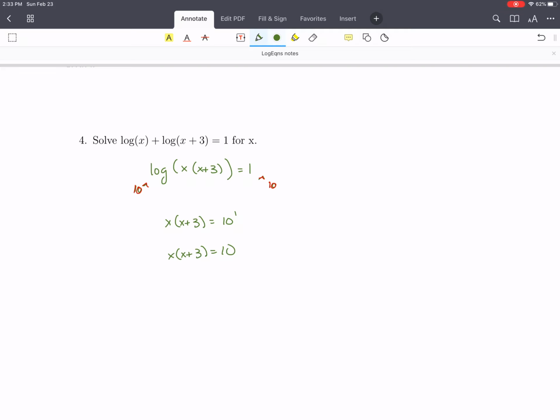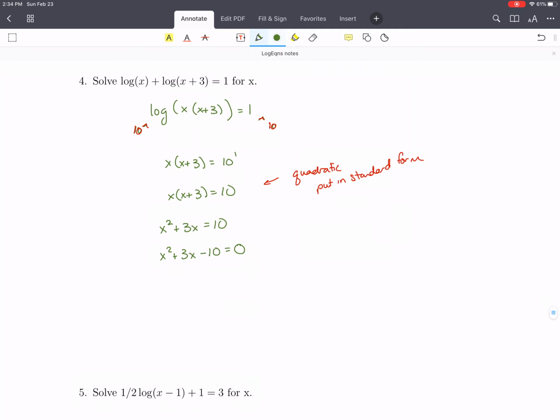Now, if you remember with quadratics, you always want to put them in standard form. That way I can either factor or use the quadratic formula to simplify. So standard form looks like multiplying out and subtracting the constant so that it's equal to 0.